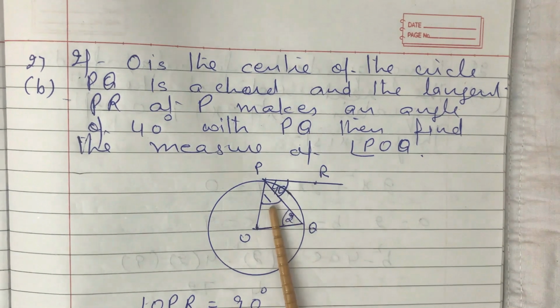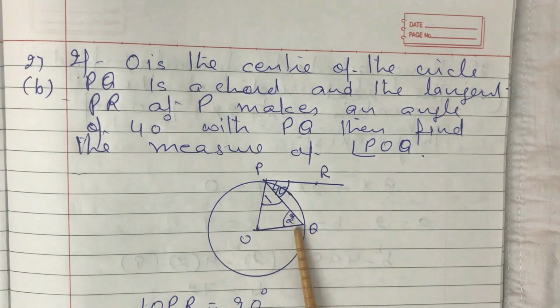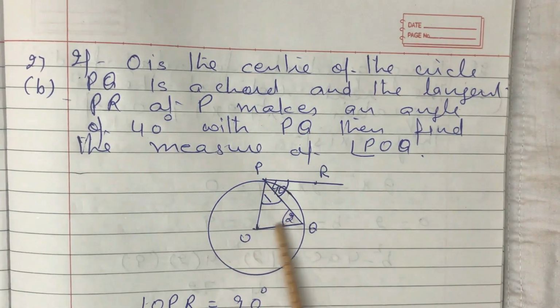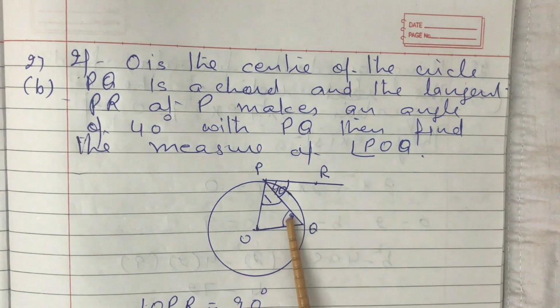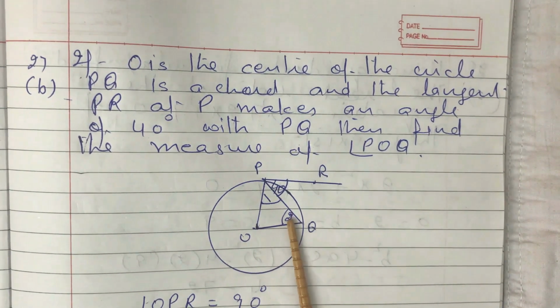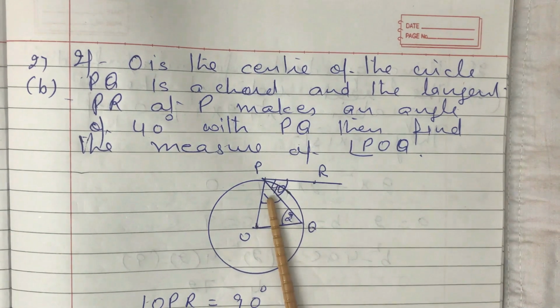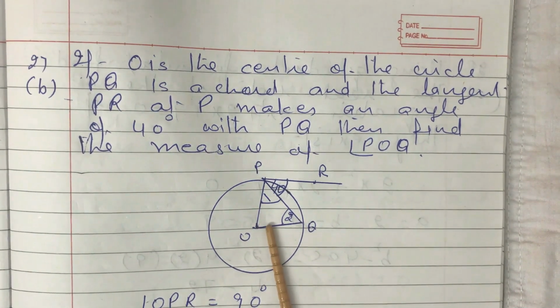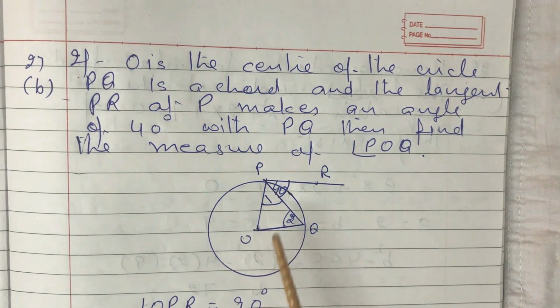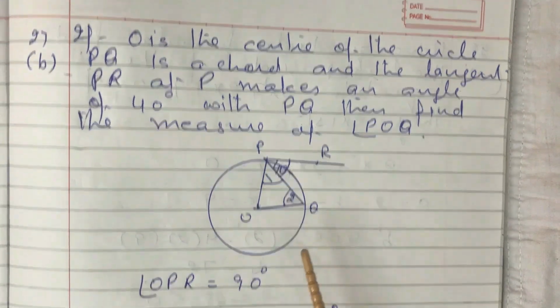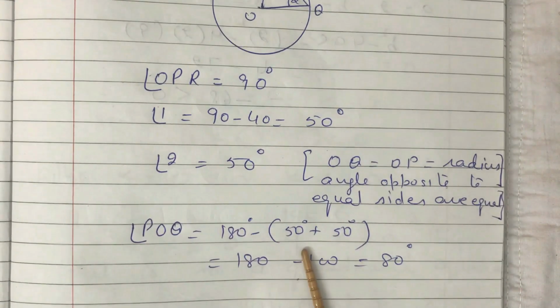If this is 40, then angle 1 is 50 degree. This is 50, this is 50, because these two are radii and the angles opposite to equal sides are equal. So 50 plus 50 is 100, and so this angle is 80 degree. And so POQ is 80 degree. This is what I have written here. You can check it from here.